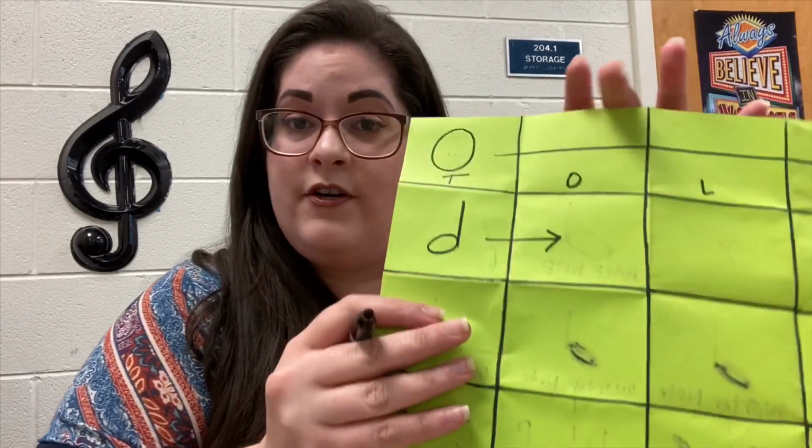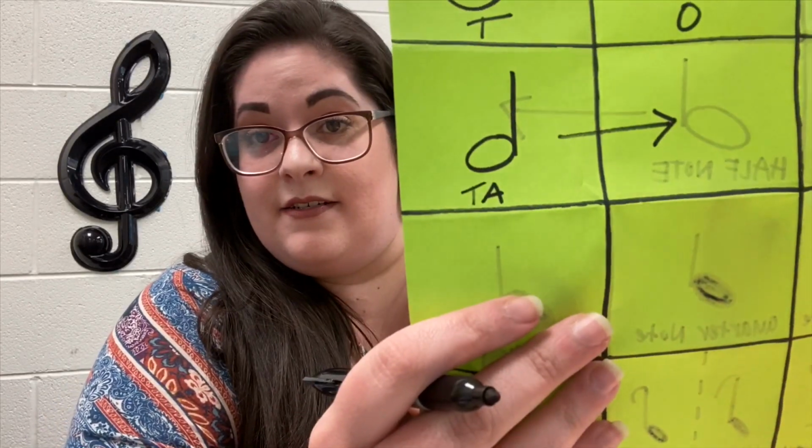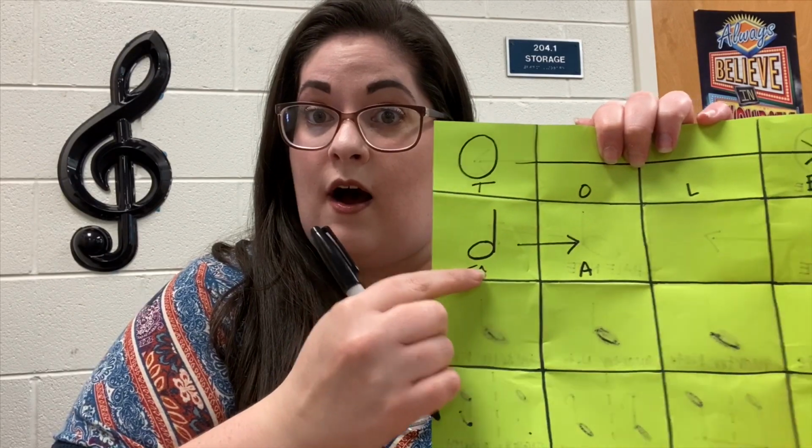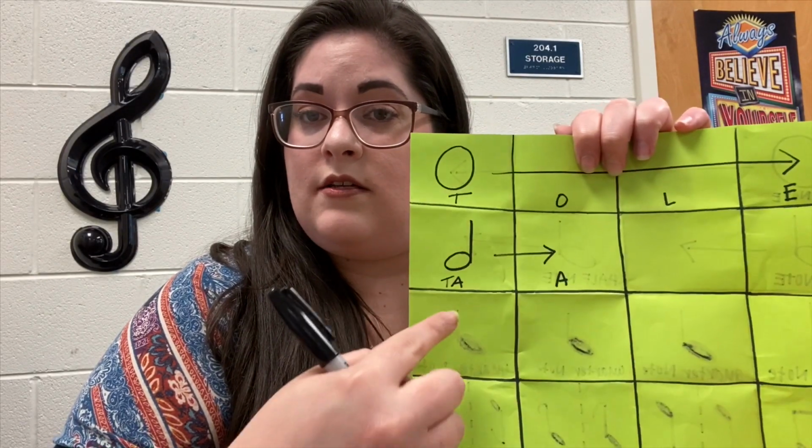Now, instead of writing half note, we're going to write what we say for a half note, which is what? Ta. Can you say that? Ta. So underneath the half note right here, I want you to write T-A like this. And then underneath the arrow, you're going to write another A like that. So we see this, we know ta, ta, ta.